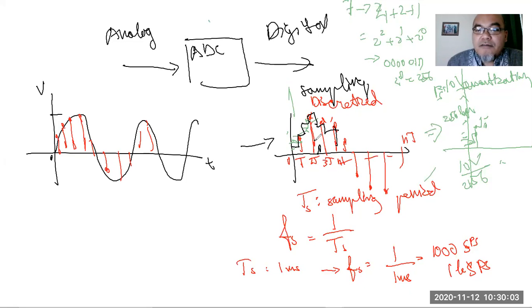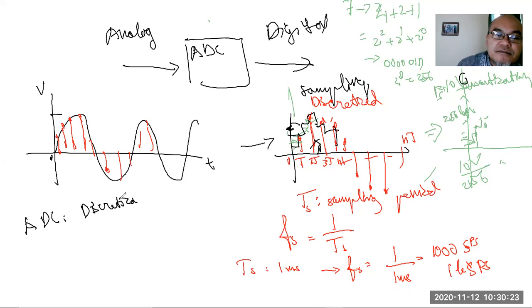And secondly, we also lose the signal between the quantization values, because it is rounded either down or up. So in analog digital conversion, to summarize, there is discretization and quantization.